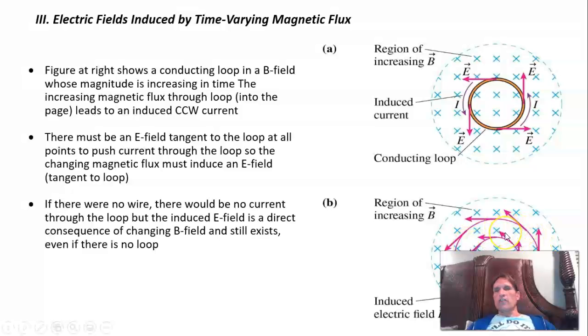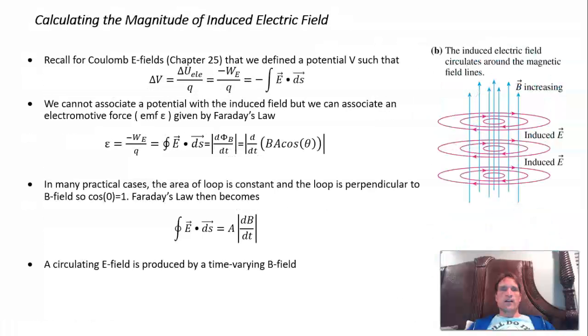And this is just a simple consequence of the changing magnetic field. So even without a wire, there's no current, but you still will get a circulating electric field that results from a changing magnetic field.